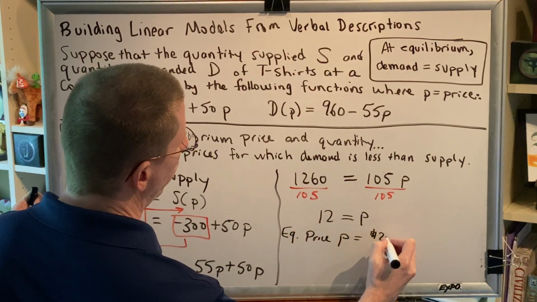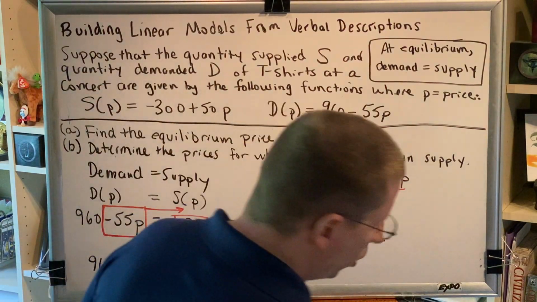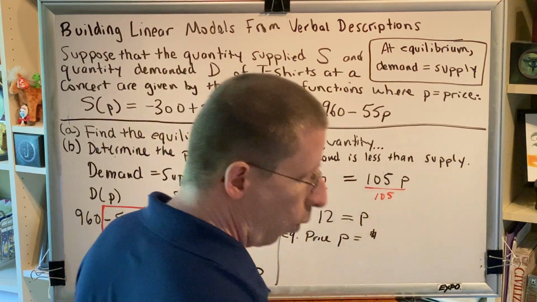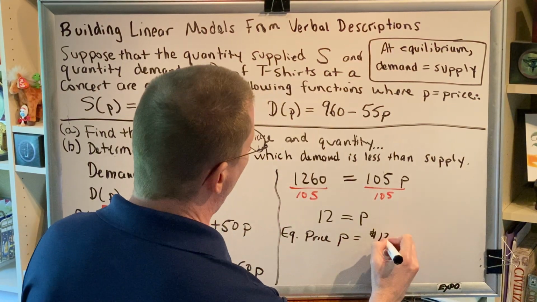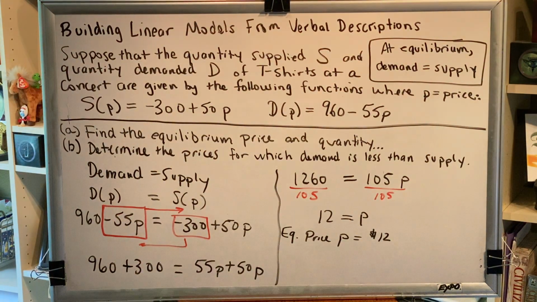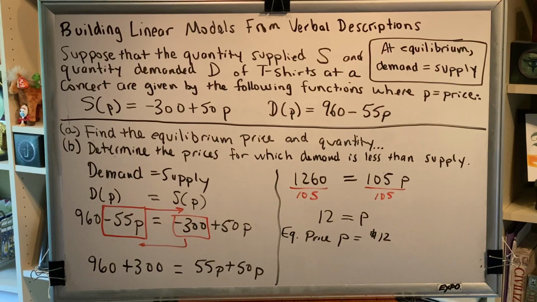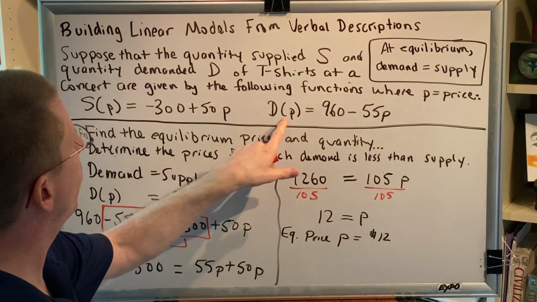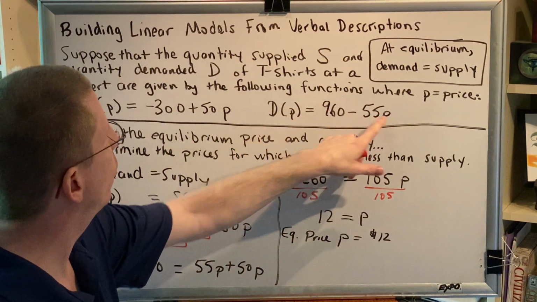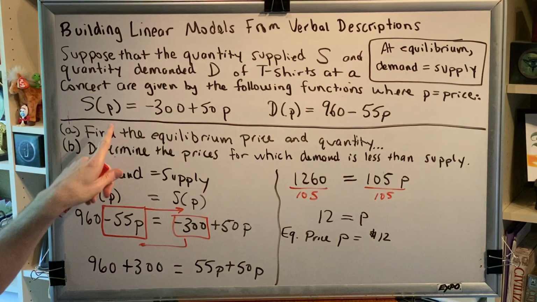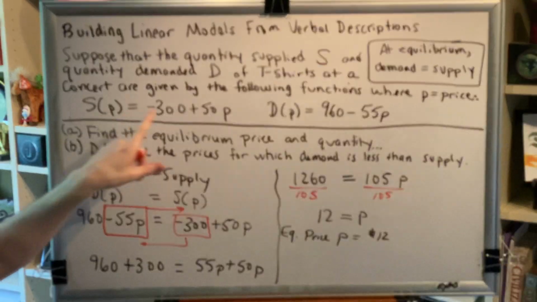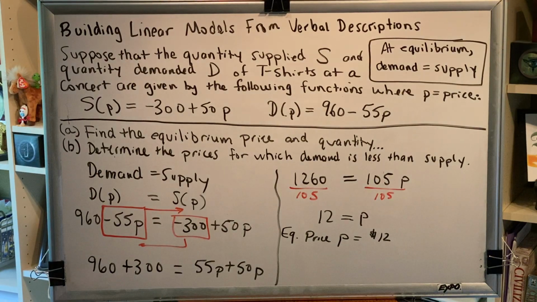If you want to know the equilibrium quantity, all you have to do is plug into one of the functions. And it doesn't matter which function you plug into because at equilibrium, the supply and demand are equal. So you can put $12 in for both of these p's here, and you'll get the demand. Or you can put $12 in for both of these p's here, and you will get the supply, and you're going to get the same value either way.